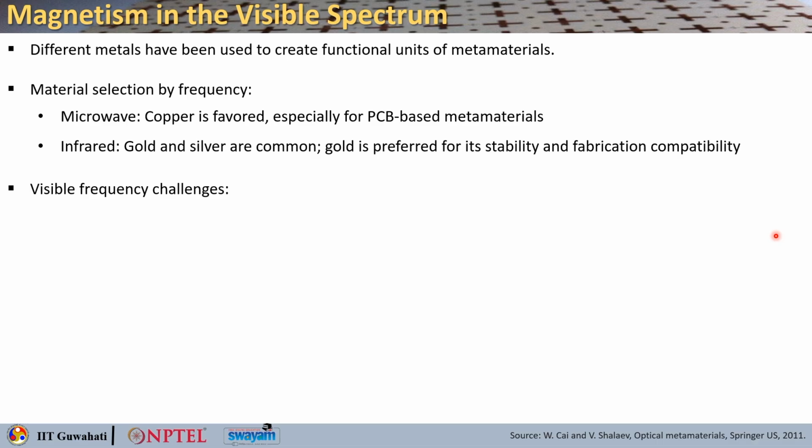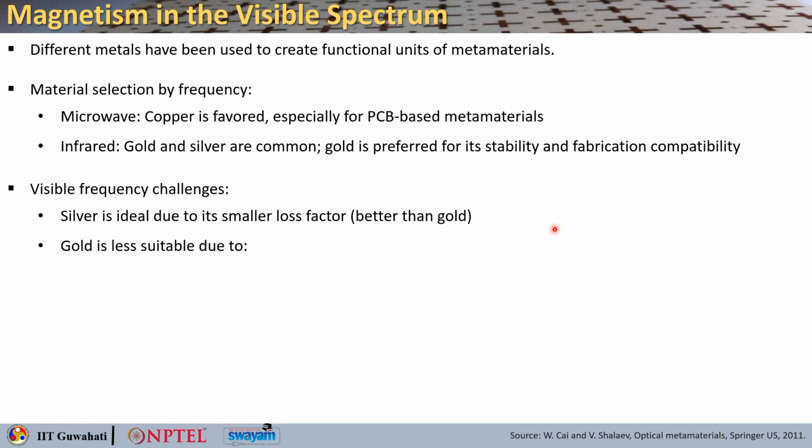So, what are the challenges in the visible frequency range? If you want to design metamaterials at visible frequency, silver is ideal due to its smaller loss factor as compared to gold. Although gold is more stable, it is found to be less suitable in terms of performance because it has higher losses, typically 3 times larger than silver.